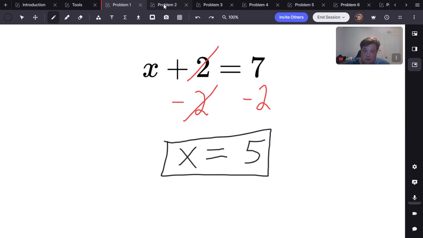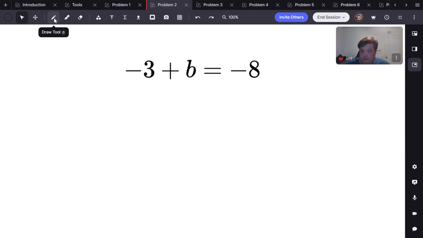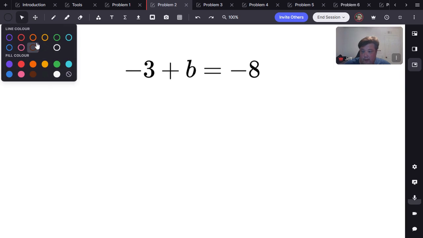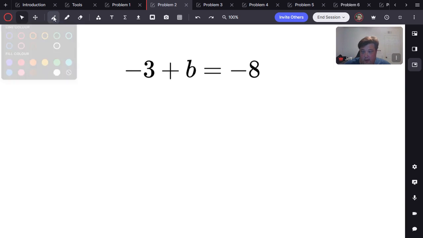All right, very nice. Here we have -3 being added to our variable of b. So in this case, since it's a negative number, we cancel out a negative number by plussing, right? So -3 plus 3 would be 0. So essentially they just cancel out.